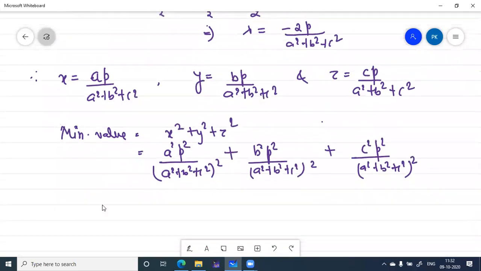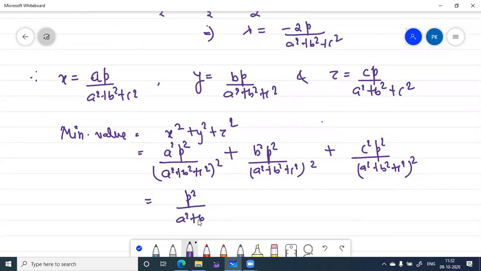So it is equal to p square by a square plus b square plus c square. This is the minimum value from the Lagrange's method.